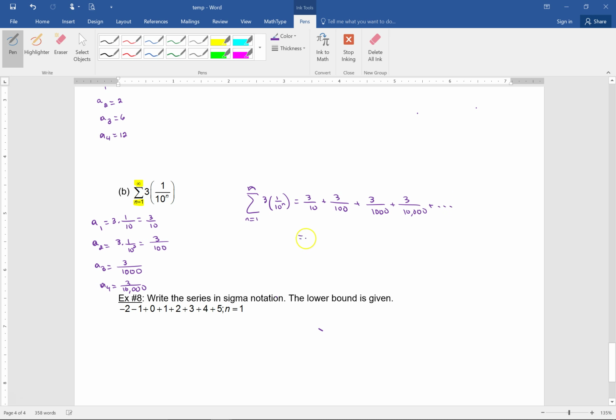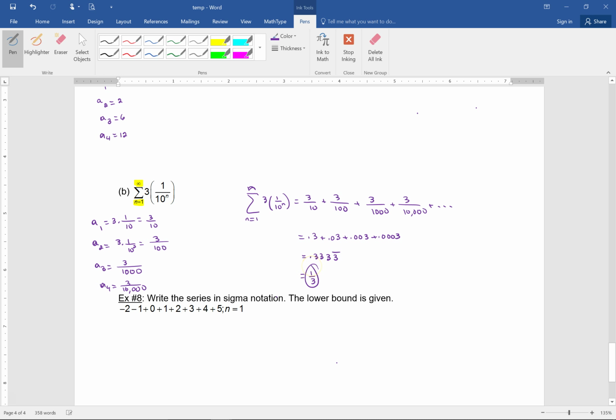Now, in decimal, this is 0.3 plus 0.03 plus 0.003, 0.0003. And when you add all of those decimal values, you get 0.3333 with a bar, which is what? It's 1/3.